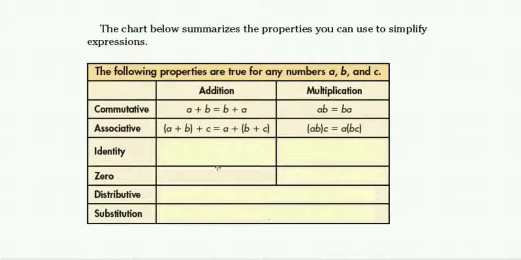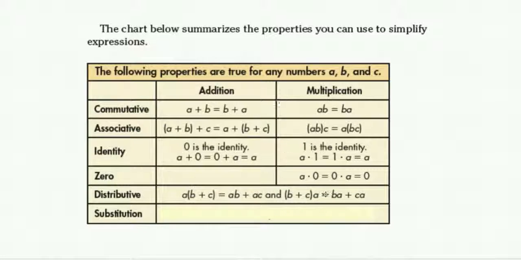Identity property: anything you add with 0 will still be the same number, and anything you multiply with 1 will still be the same number. The zero product property works for multiplication: anything you multiply with 0 will always be 0. The distributive property works for both addition and multiplication, and it also works for subtraction. And finally, the substitution property works for addition and multiplication as well.